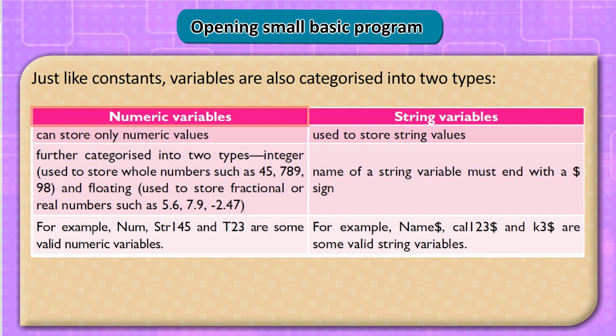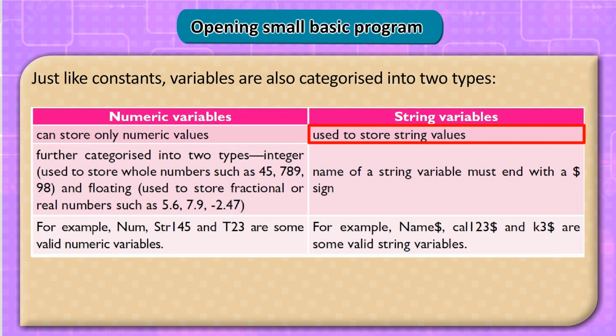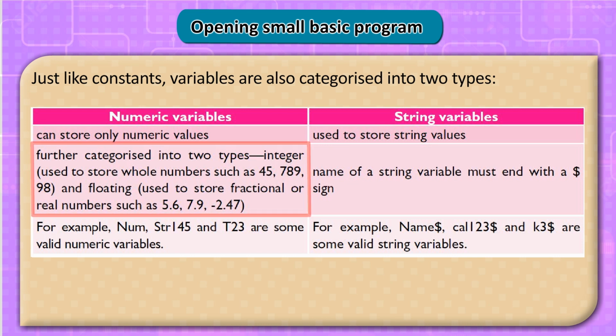Numeric variables can store only numeric values. String variables are used to store string values. Numeric variables are further categorized into two types: integer, used to store whole numbers such as 45, 789, 98, and floating, used to store fractional or real numbers such as 5.6, 7.9, 2.47.